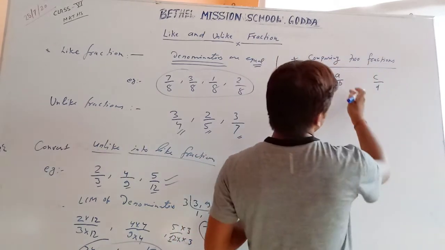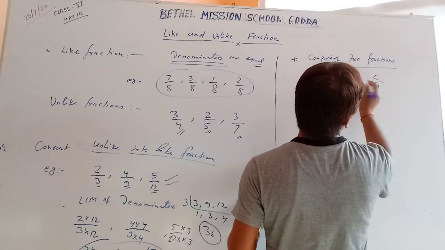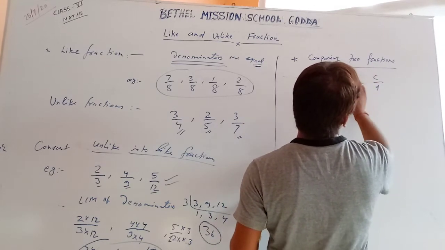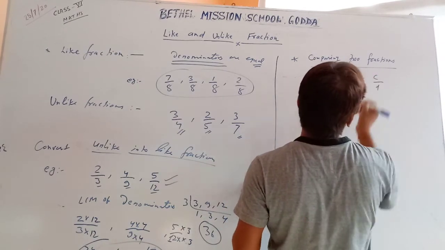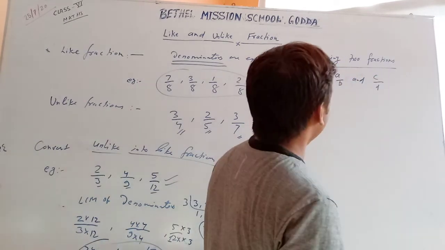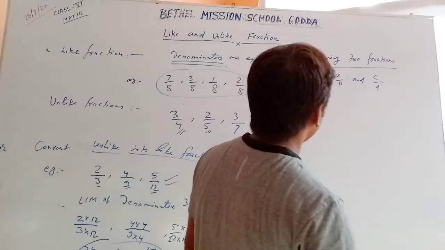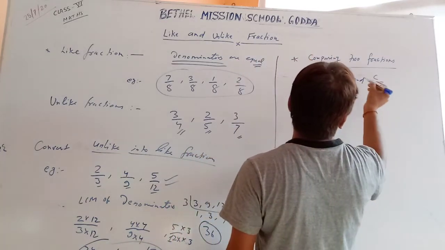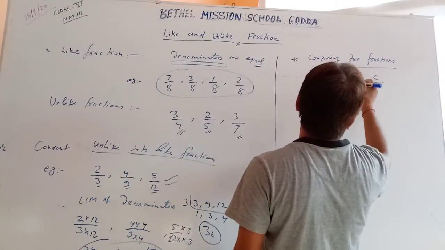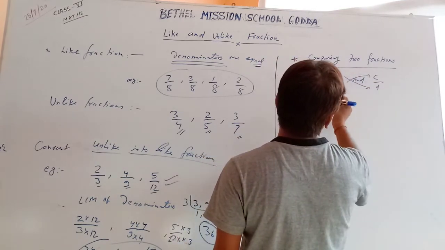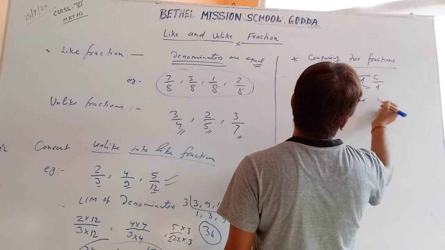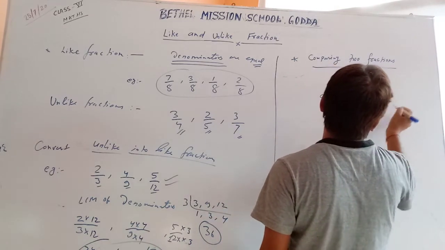Which is greater, this one or that one, or are they equal? We don't know which is greater or smaller, so first we will take the cross product. What is the cross product? A into d and b into c.